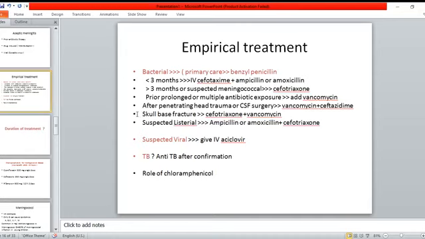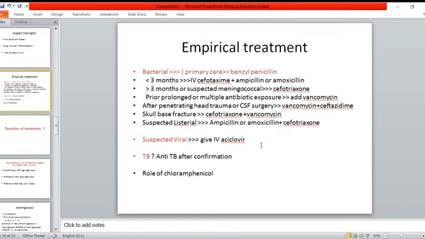If you have a skull base fracture, we usually add vancomycin to ceftriaxone. So we add vancomycin to ceftriaxone in case of meningitis after fracture of the skull, or after prolonged or multiple exposure to antibiotics, or after penetrating head trauma.